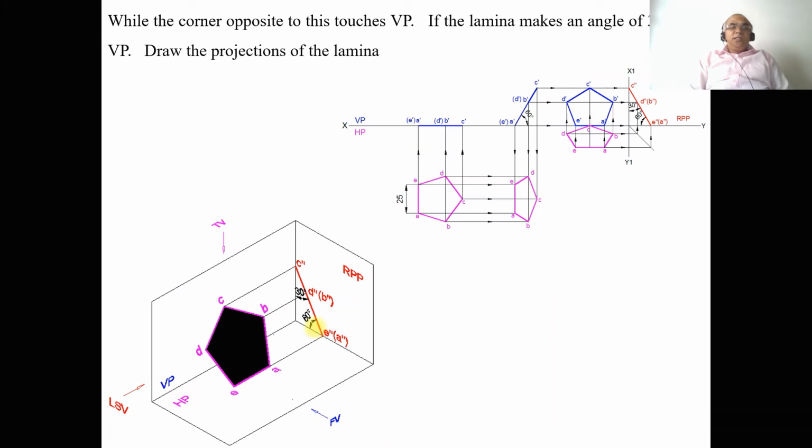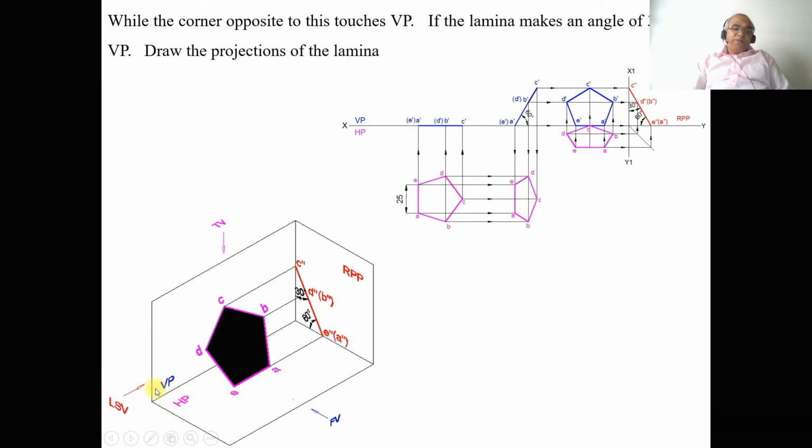Now when we go to the last one: the corner opposite to this touches VP. Which is the corner opposite to AE? The corner opposite to AE is C, and it touches VP. Once it touches VP, you are going to have a surface perpendicular to the profile plane.